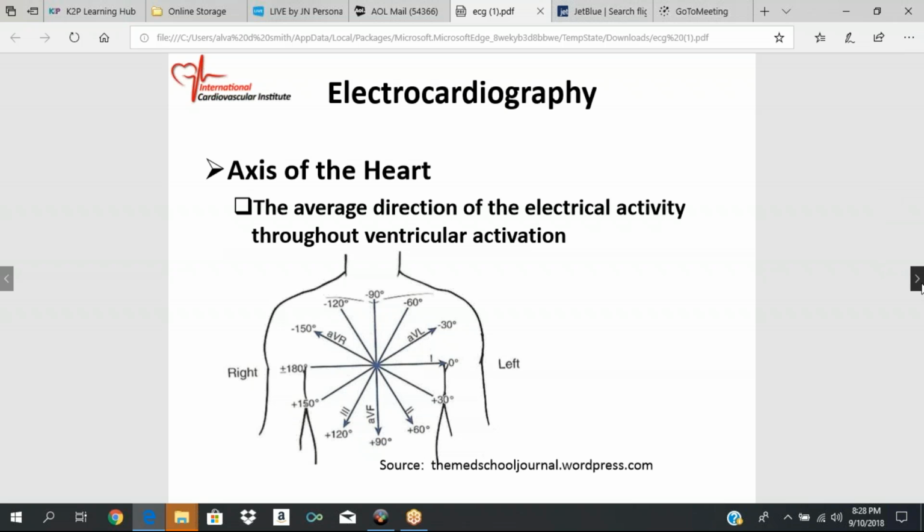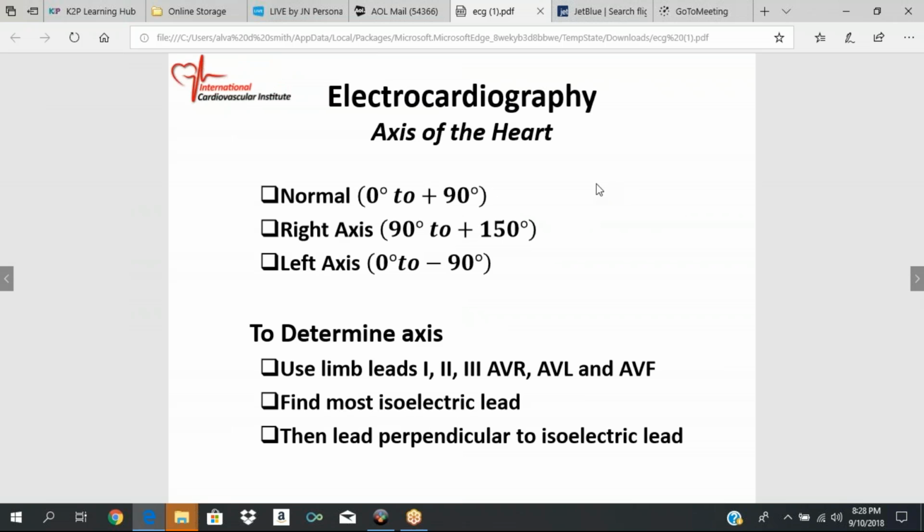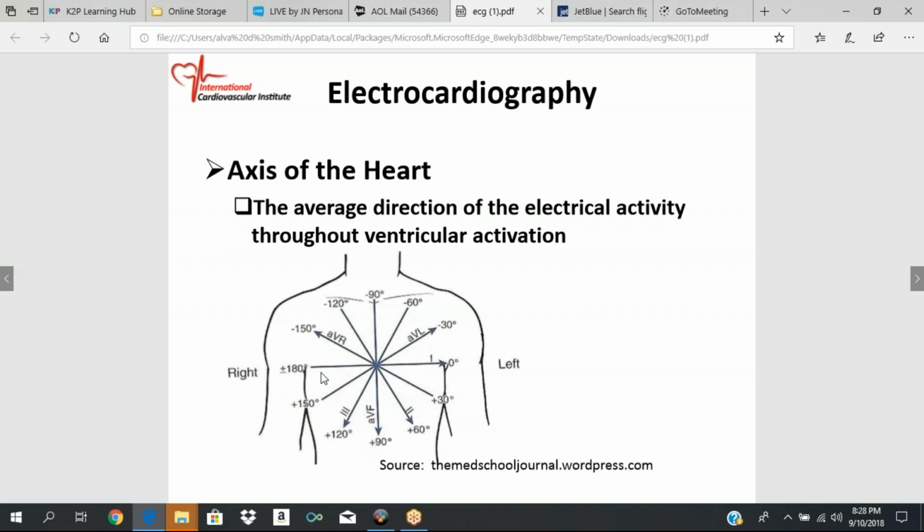Now, as we pointed out before, in certain disease states, you can get a right axis or a left axis, and we call that a right axis deviation or a left axis deviation. So when you have a right axis deviation, the electrical impulse is going to be in this quadrant, the right lower quadrant. So it's going to be from plus 90 to about plus 150.